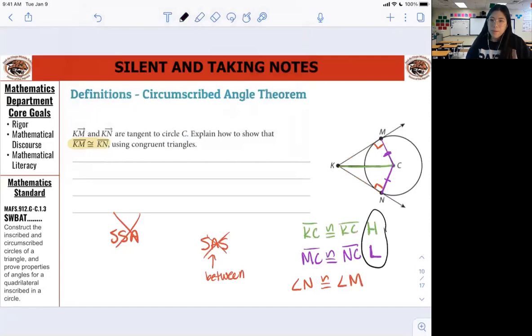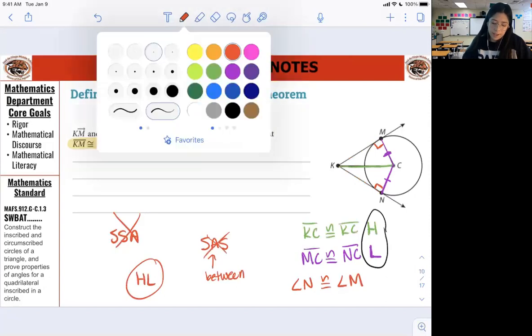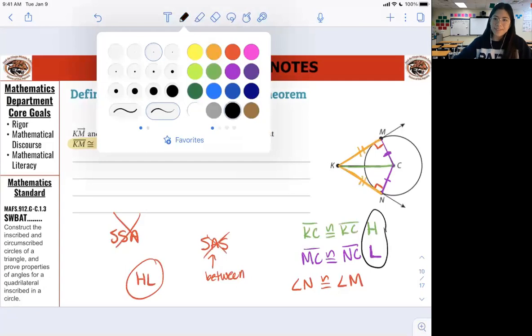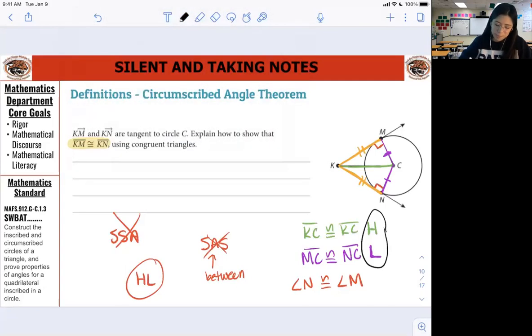We have a hypotenuse and we have a leg. So we have HL. Since we have HL, now I know that they are congruent right triangles. So now I can say that KM is congruent to KN. We just did a proof, guys. We just did a proof, and y'all didn't even know it.